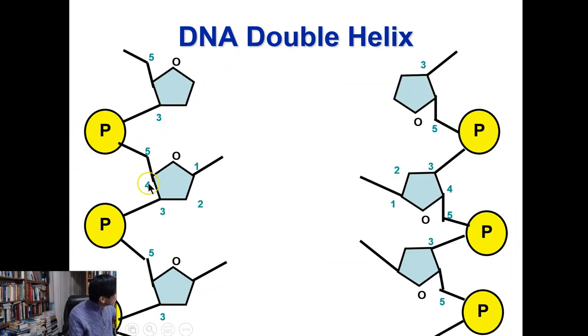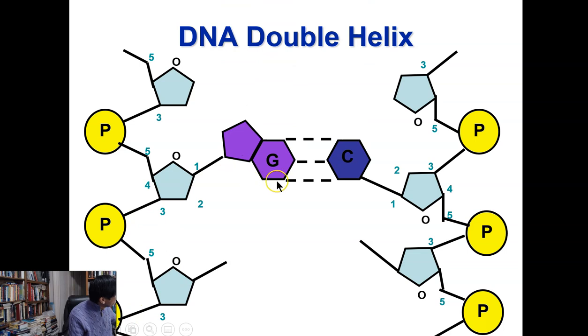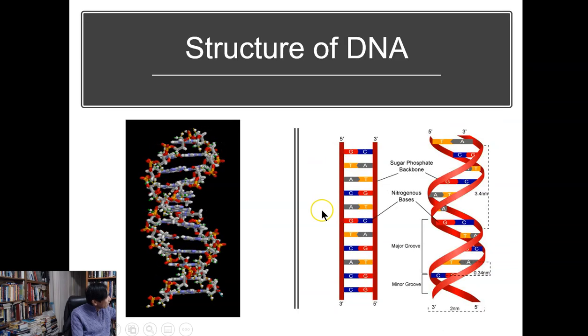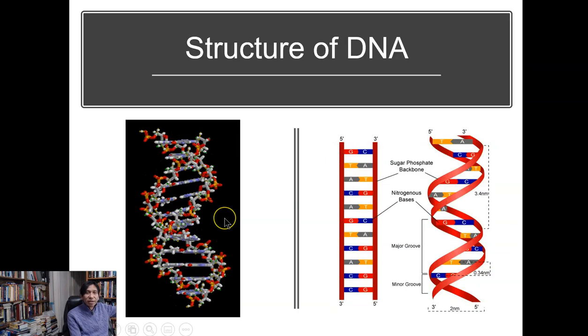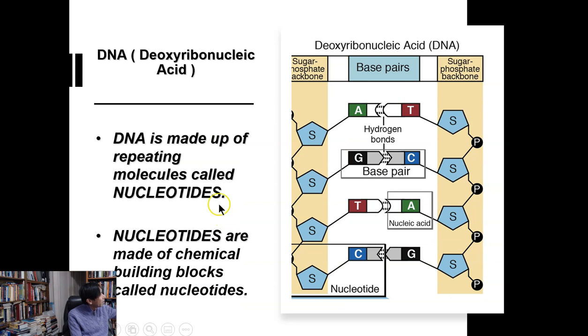Take a look at DNA. This is the phosphate, and then the sugar, deoxyribose, a 5-carbon sugar, and the phosphate group, and then the nitrogenous base. This is the double helix structure. Now DNA is made of, as I told you at the beginning, a polymer.